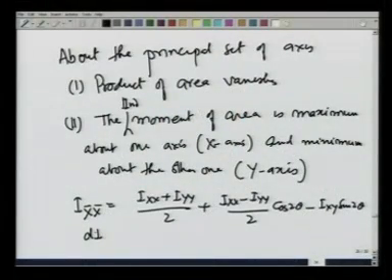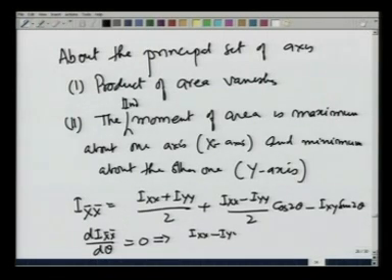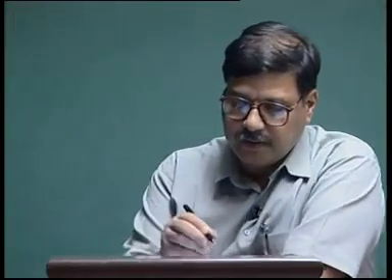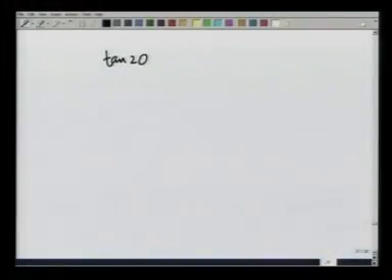So, for that I have to do d I x bar over d theta equal to 0, and when I do that, this implies that I x x minus I y y divided by 2 times minus 2 sine 2 theta minus 2 I x y cosine of 2 theta is equal to 0, and that immediately gives me that tangent of 2 theta is equal to I x y times 2 divided by I y y minus I x x.